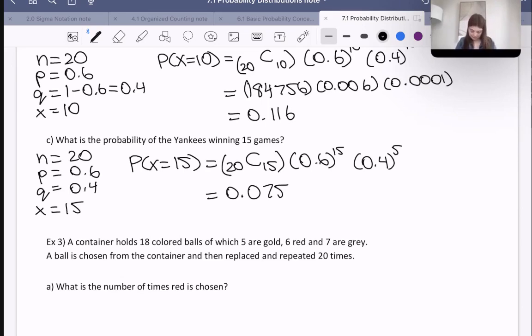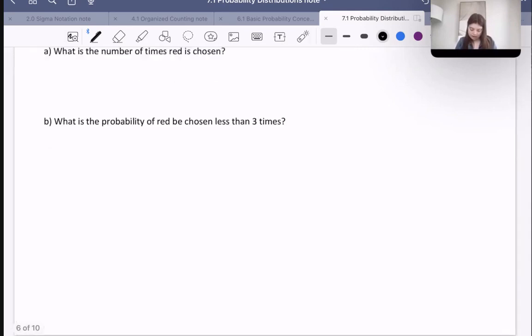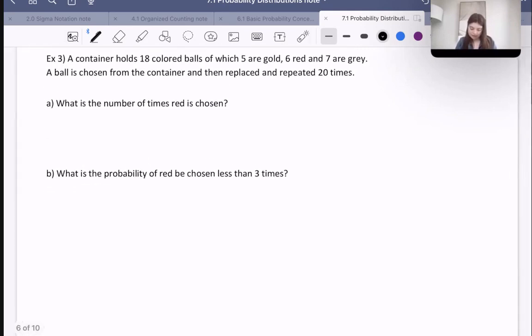Good. All right, let's do one more example. Looks like this is a two-parter. It says a container holds 18 colored balls, 5 of which are red, 5 of which are gold, 6 red, and 7 gray. A ball is chosen from the container and then replaced and repeated 20 times.